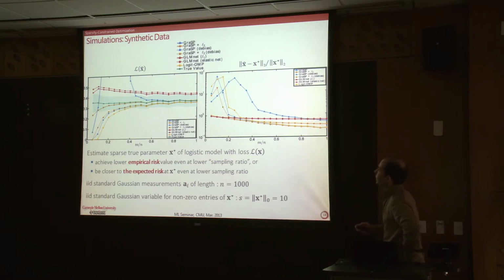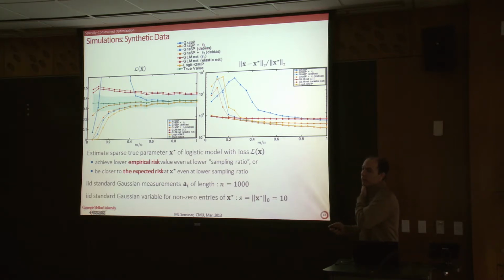So for simulation, we use some synthetic data first, and we compared the algorithm without any regularization of the objective function. And we also considered L2 regularization and debiasing at the end of each iteration.